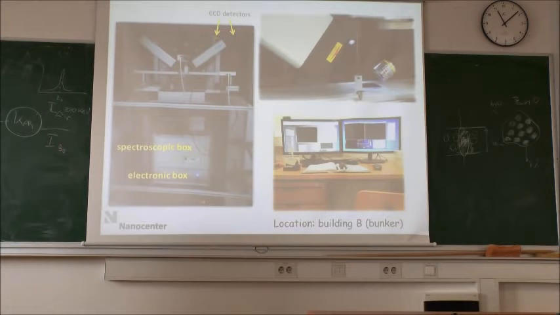Here we can see the other components of the imaging ellipsometer, for example, the spectroscopic box with xenon arc lamp inside and the electronic box, and there are also computers. This equipment is located next door to the focused ion beam, in the basement of building B.